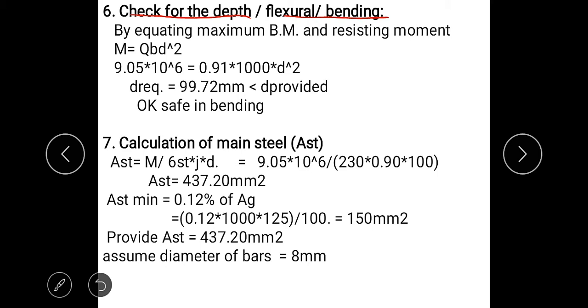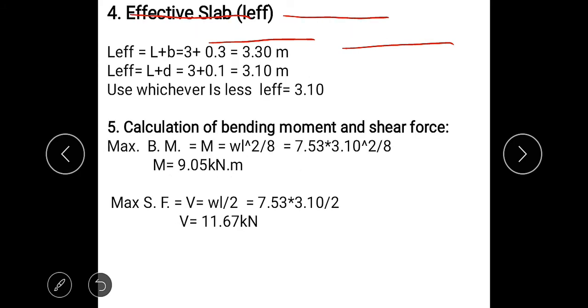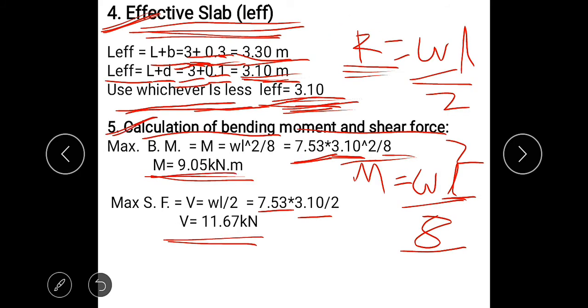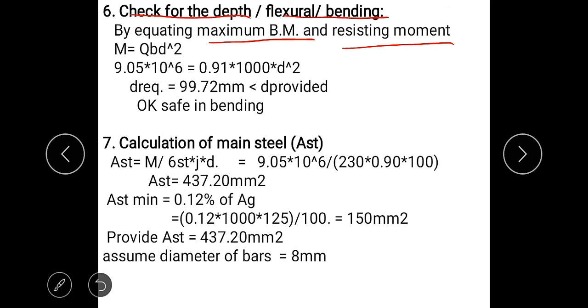By equating the maximum bending moment and the resisting moment: in the fifth step we calculated the maximum bending moment, 9.05 kilonewton meter, so 9.05 into 10 to the power 6 Newton mm.